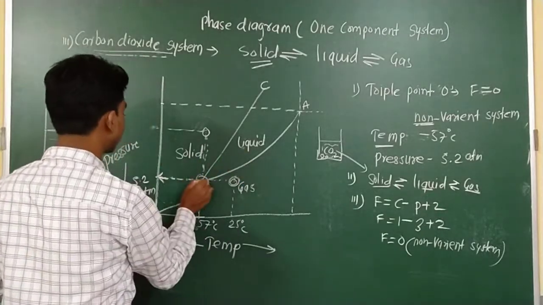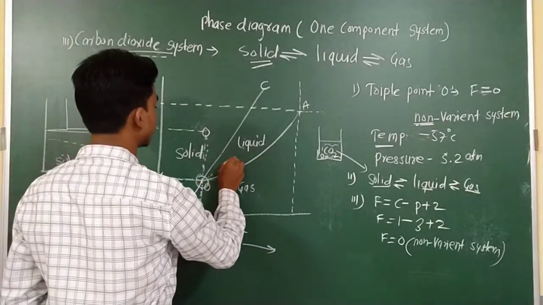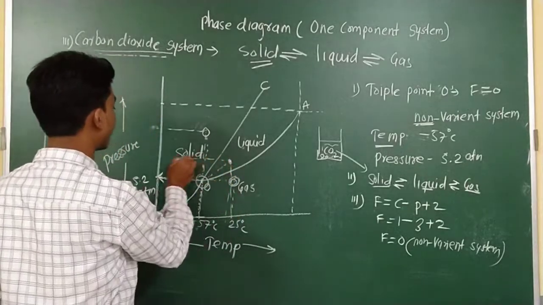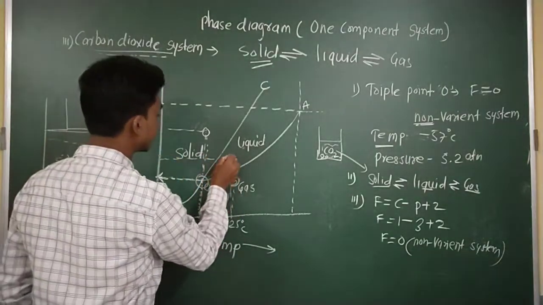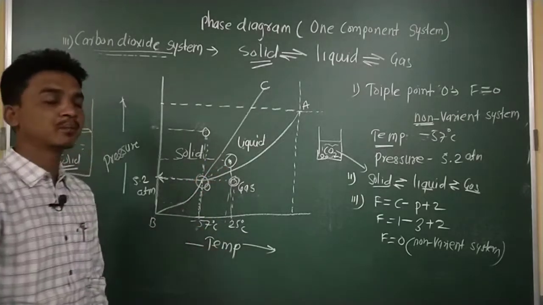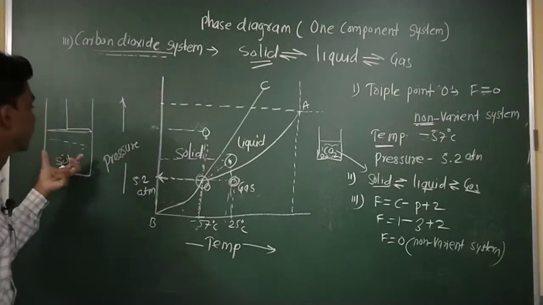This is the triple point. After the triple point, I will change the temperature, and at this point I will collect the sample, and only liquid carbon dioxide molecules exist in the beaker.